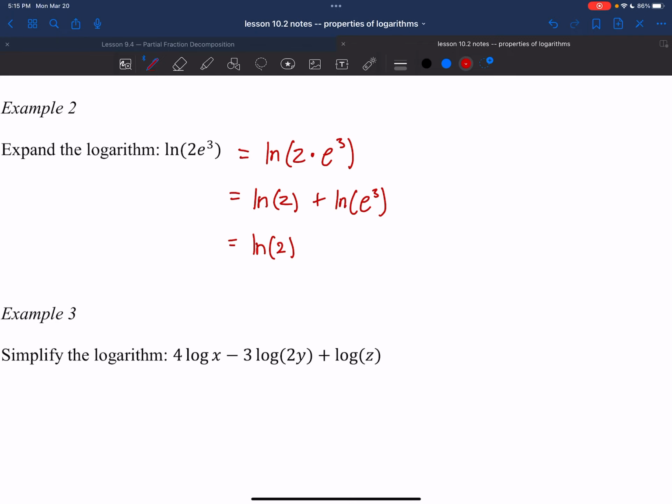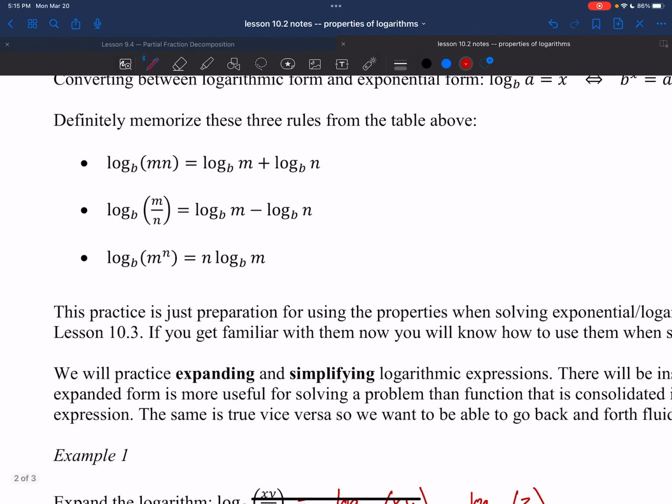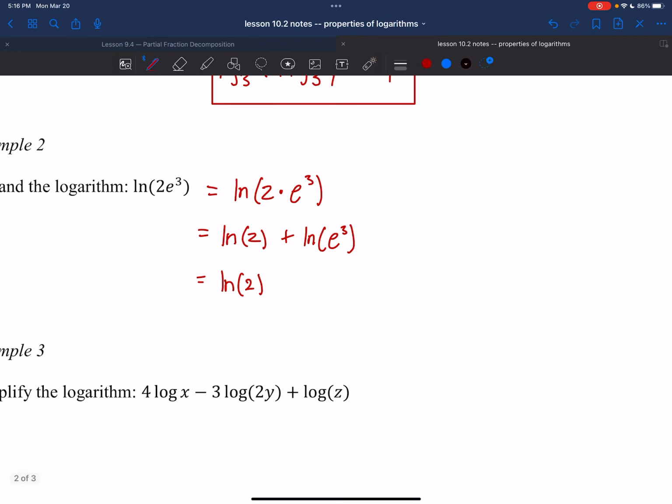The power rule says, if I have m to the n, I can take that exponent and drag it to the front as a coefficient. So I'm going to use that here. I'm going to say plus 3 natural log e. But hey, what is natural log e? Natural log e is log base e of e. And that is exactly what we just did.